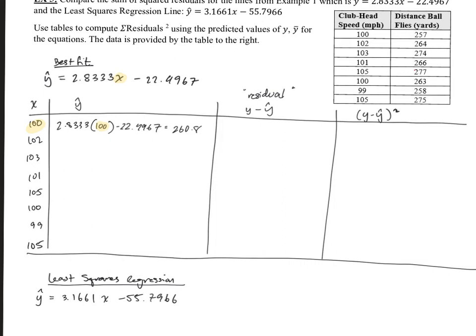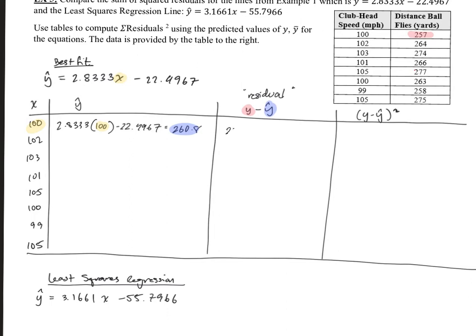Now, with that, we're going to find the residual. The residual is going to be my observed value, which was 257, minus the predicted value, which is 260.8.